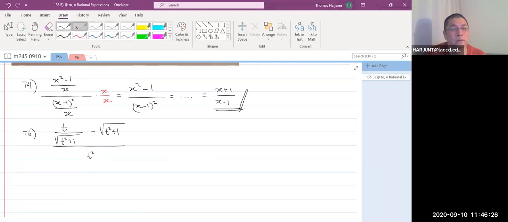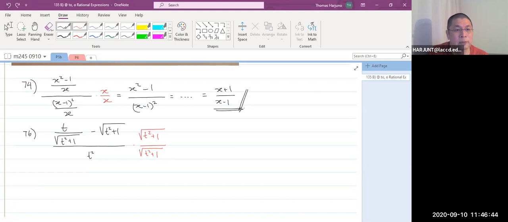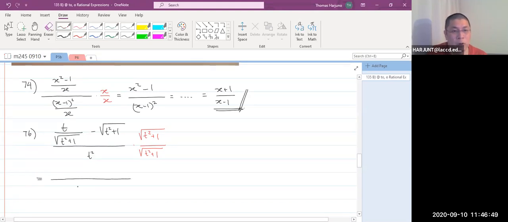I will multiply by the LCD, which is square root of t squared plus 1 over square root of t squared plus 1. Now the denominator will be quite nice. Let me write that one first down. The denominator will be t squared times square root of t squared plus 1.